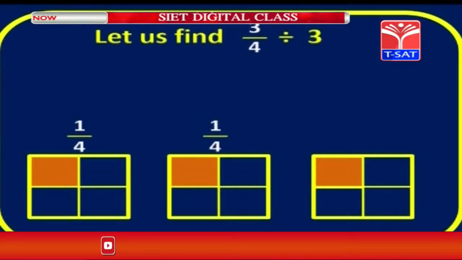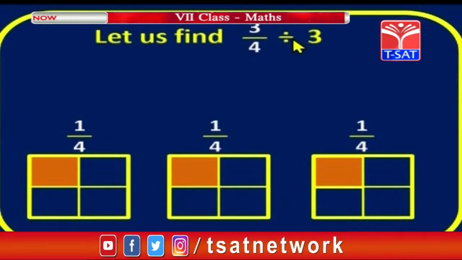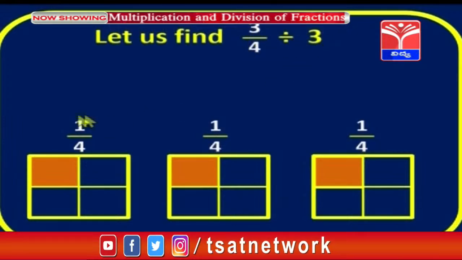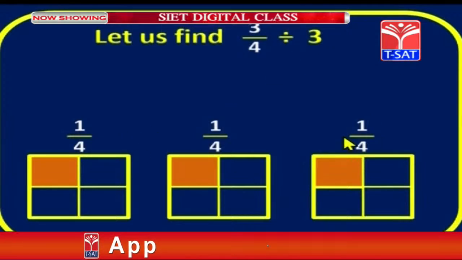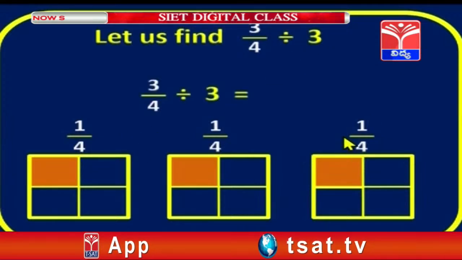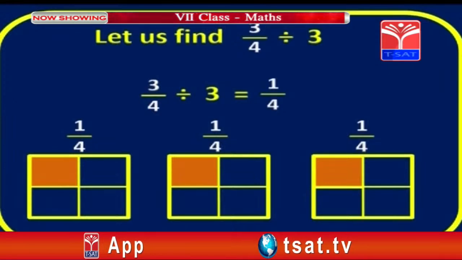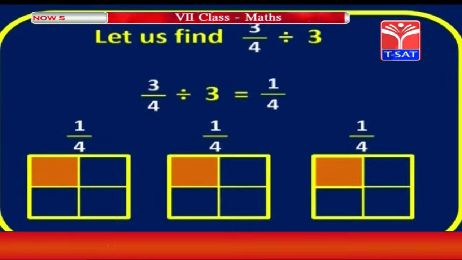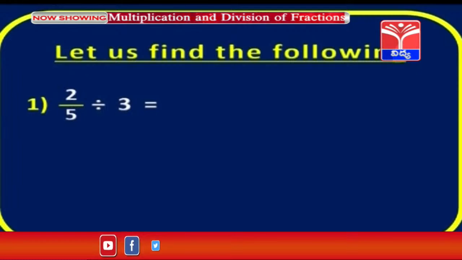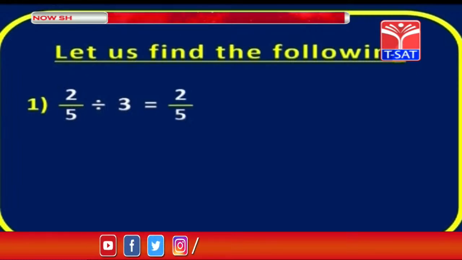Yes, this one 1 by 4, this one 1 by 4. So each will get 1 by 4. So we can write 3 by 4 divided by 3 equals 1 by 4. Let us find the following: 2 by 5 divided by 3.